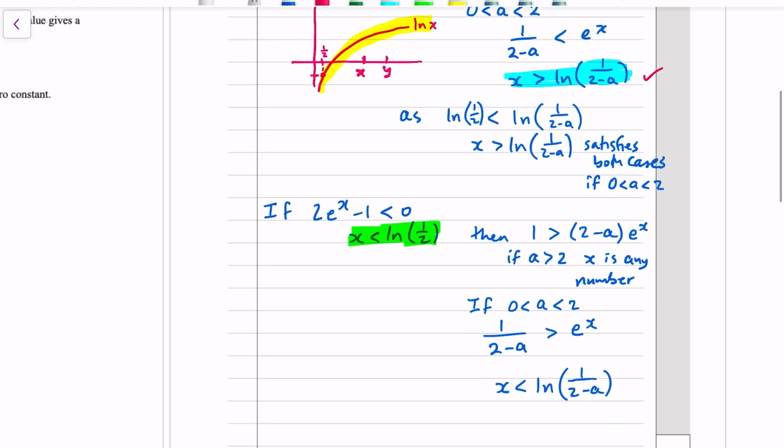Okay, so for this particular case, does it even work? I've got to start off with x is less than log 1/2, and then my answer comes out that x needs to be also less than log of 1/2 minus a, where a is between 0 and 2.